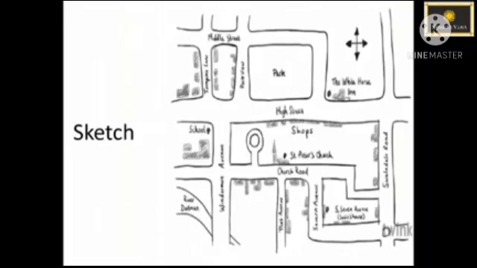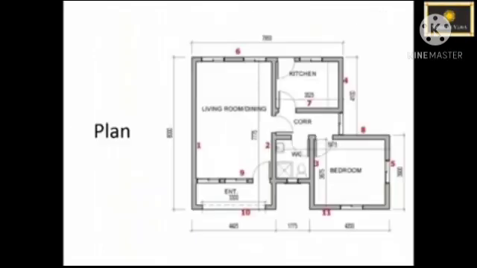It is not made to scale. A sketch map is useful when you need to show directions to your house, to your friend. Plan. Drawing of a small area on a large scale is called a plan. Architects usually make plans to show the layout of the house.